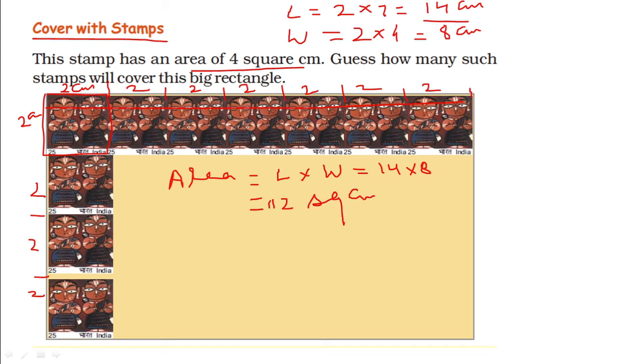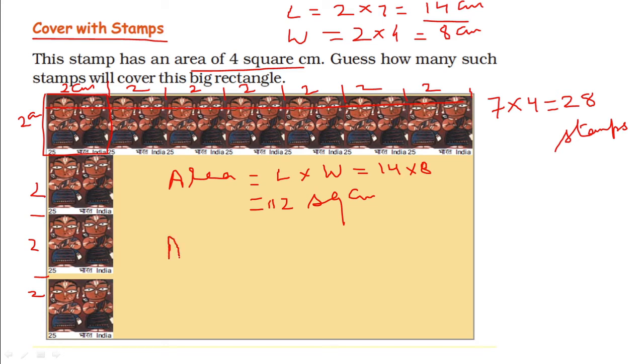How many total stamps will cover this? I have just told you 7 stamps this way and 4 stamps this way. 7 into 4, 28 stamps. 28 stamps will cover the complete rectangle. So is there any other way to calculate the area of the bigger rectangle?